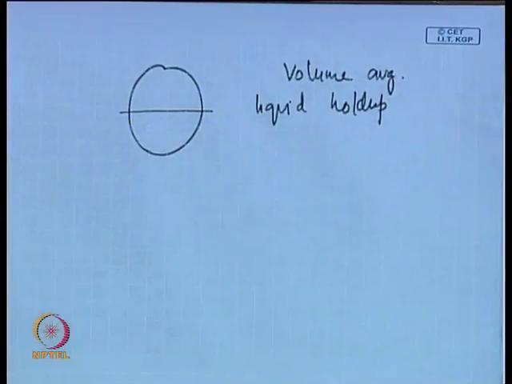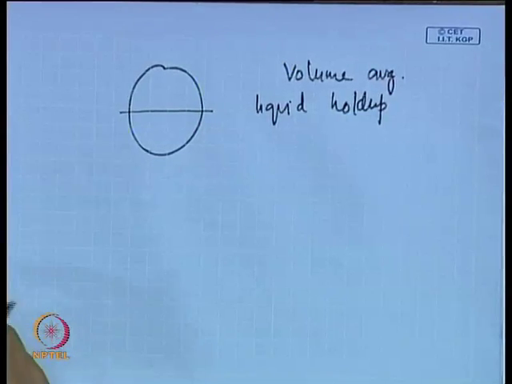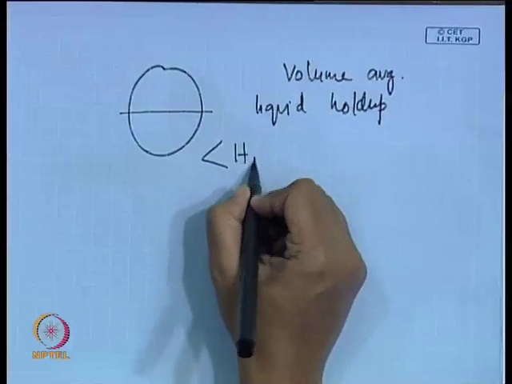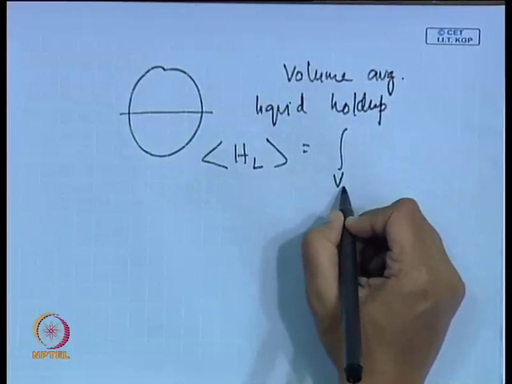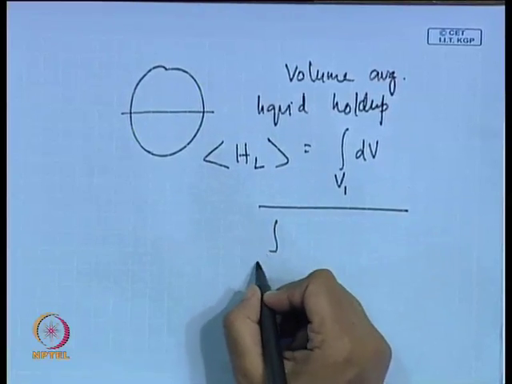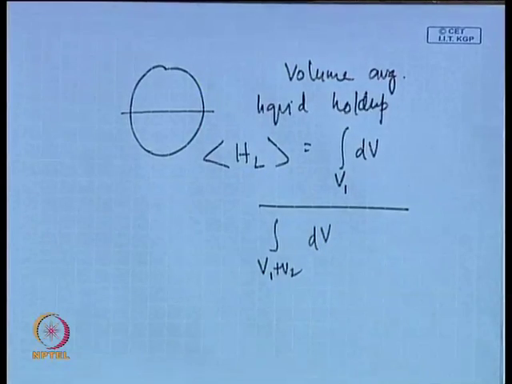Now, how do we define this volume average liquid hold up? Usually the way we define it, mathematically we can express it in this particular term. It is integral V1 dV by integral V1 plus V2 dV, isn't it?